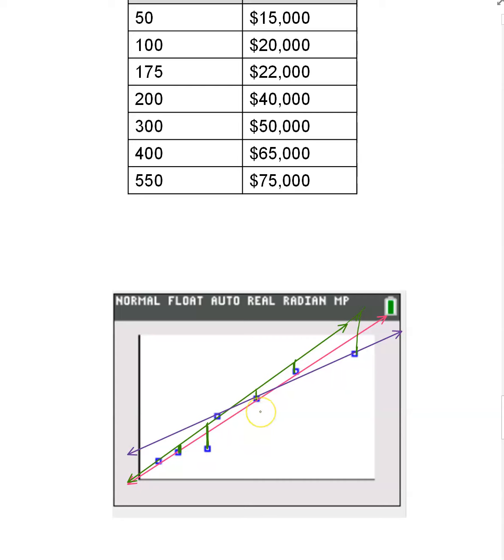Okay, so let's just use this green example here. This point is the point on the green line, but this is the point that is away from the green line. So this is the original point, and this is the predicted point.